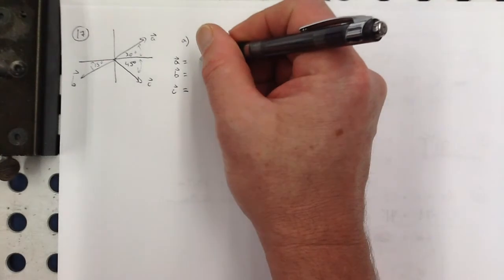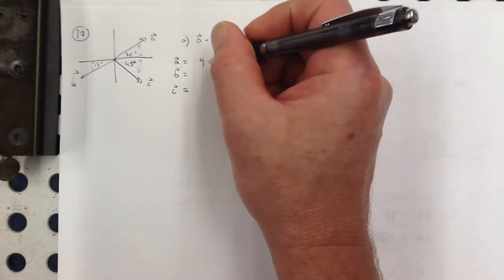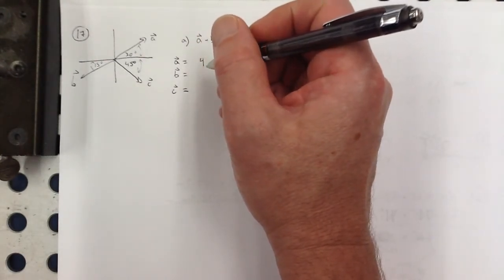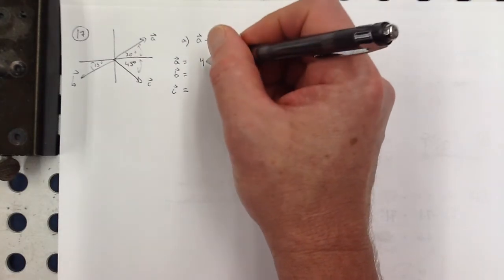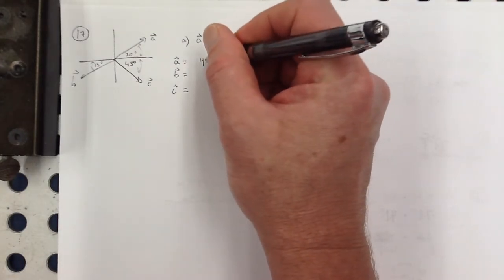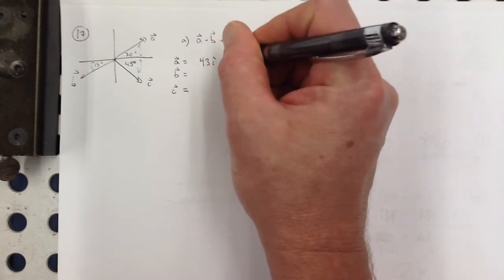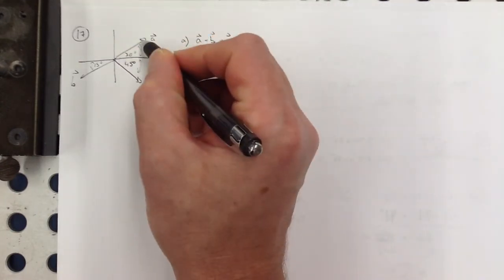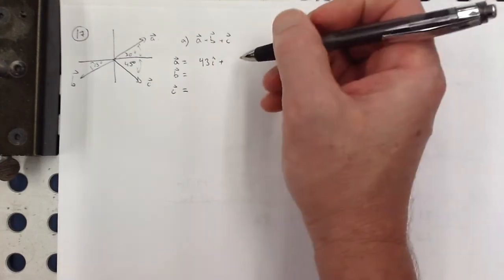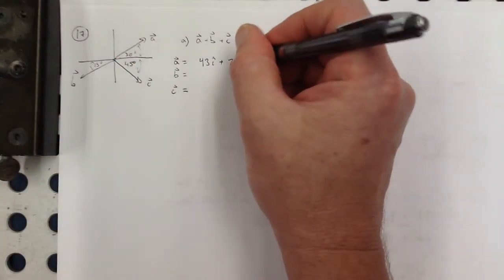All right, so this first one, A, I got 50 cosine 30. How many sig figs do they give on that magnitude 50? Just one. So I'll round this to 43 i. And these are both going to be positive for vector A because I'm in the first quadrant. And then it's going to be 25 j.